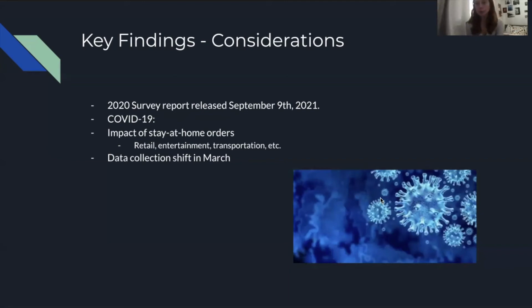So it's really important to consider that when looking at these findings, because they are representative of atypical times. Also, because the pandemic went into effect in March, data collection, instead of being in person, became online. That is another thing to consider when looking at these results.